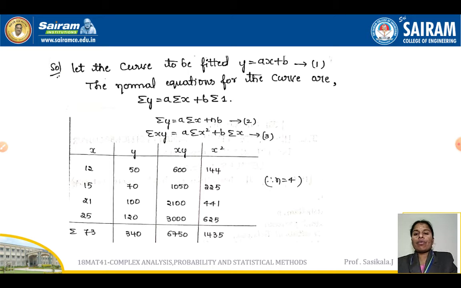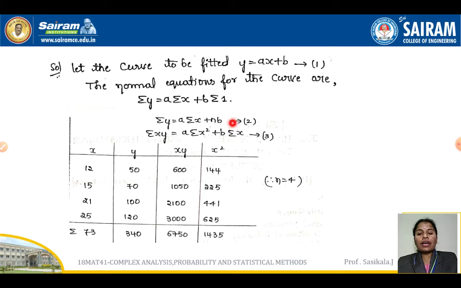As per this straight line equation, we should write the normal equations. Summation y is equal to a into summation x plus b into n. The next one, summation xy is equal to a into summation x square plus b into summation x.